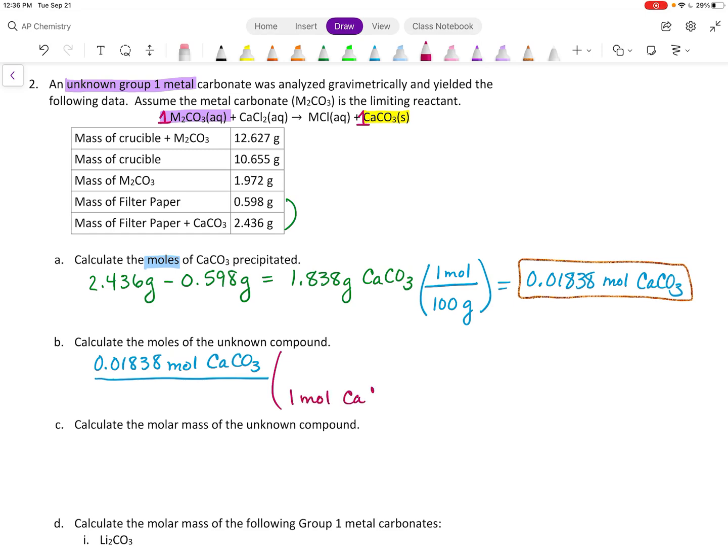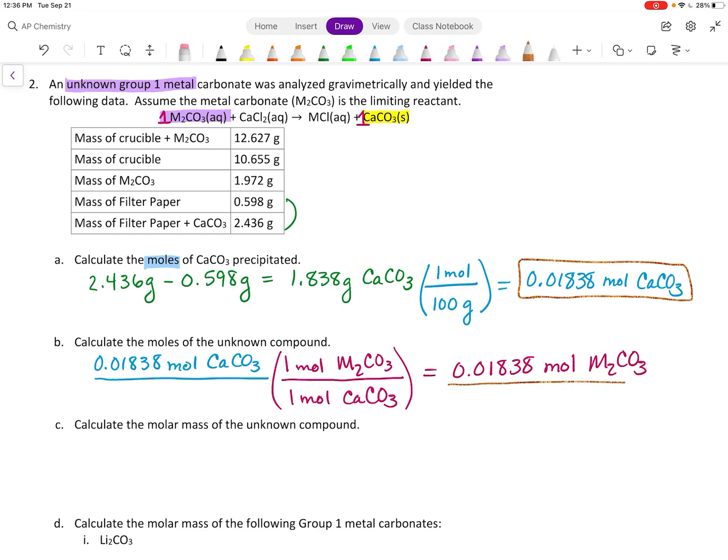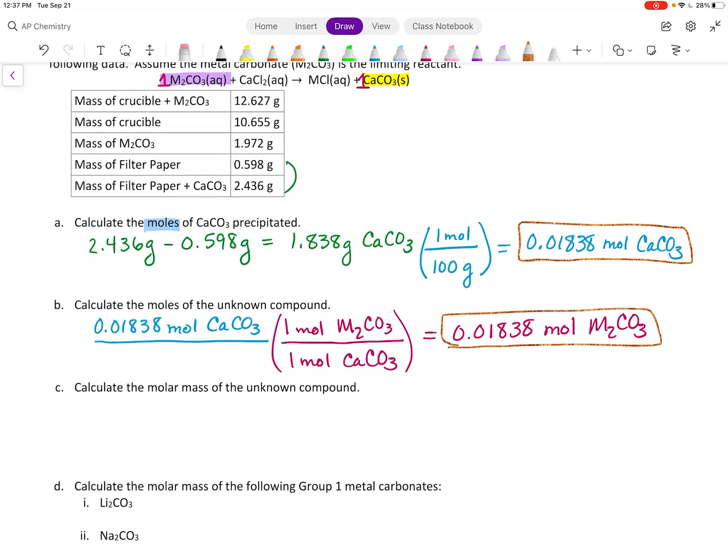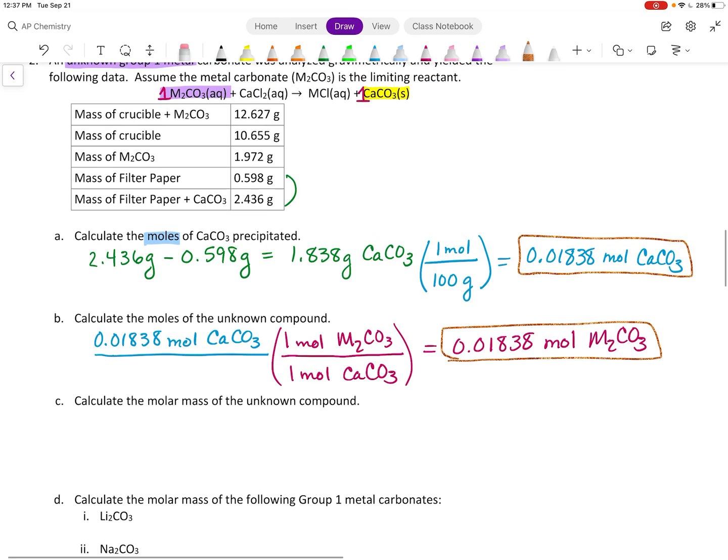So for every 1 mole of calcium carbonate, there's 1 mole of the unknown carbonate, M2CO3. So that value is going to be the same, but I want you to understand why it is the same value. There may be questions similar to this that show up at some point where you would be expected to infer that.